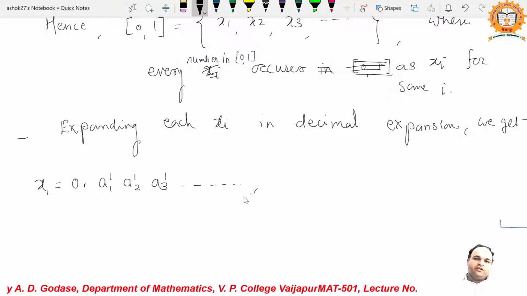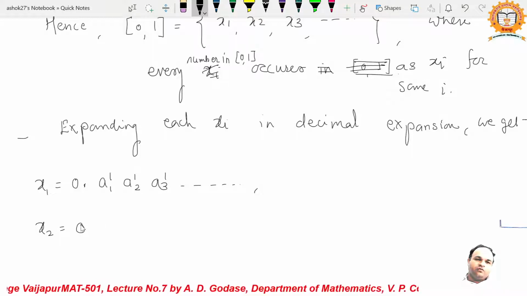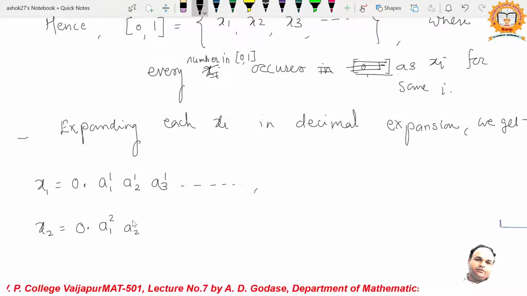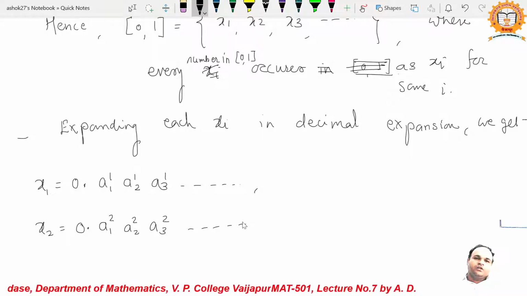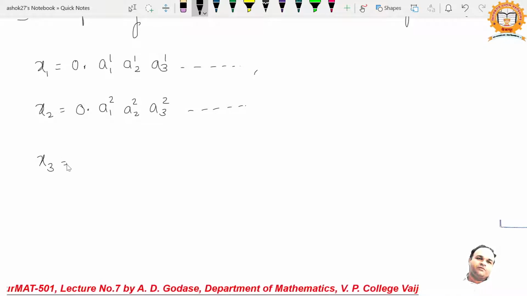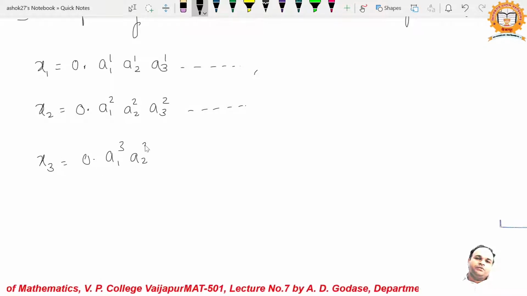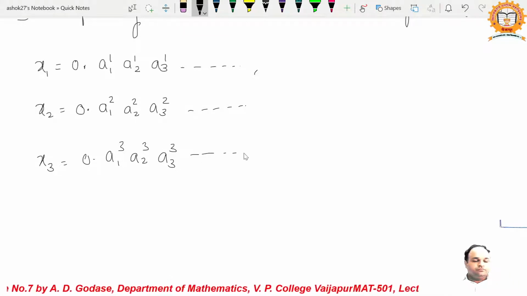Similarly, we'll write the second real number between 0 and 1 as 0 point. What is the decimal expansion of x2? It will be a1 2, a2 2, a3 2 and so on. Similarly the decimal expansion of x3 will be 0 point a1 3, a2 3, a3 3 and so on.